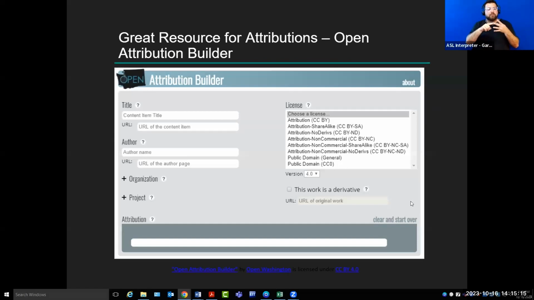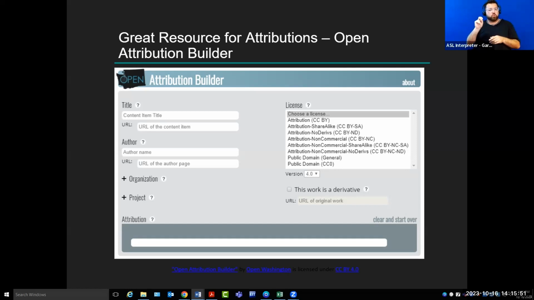And we've got this thing called the Open Attribution Builder, and I'm gonna put that into the chat. So this is a website that works just kind of like EasyBib or one of those other kinds of websites where you can put the information about your source into the Open Attribution Builder, and it will create an attribution for you.